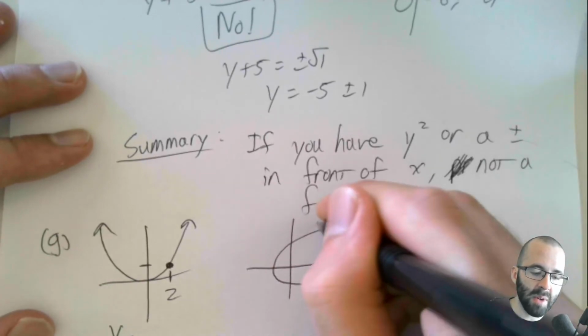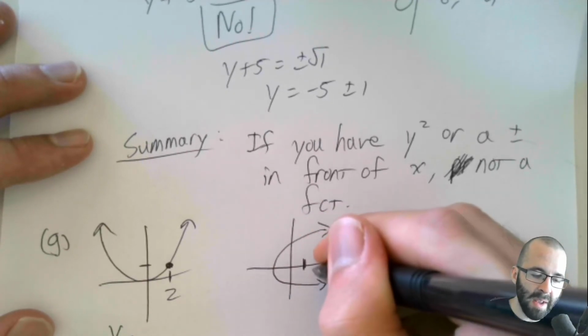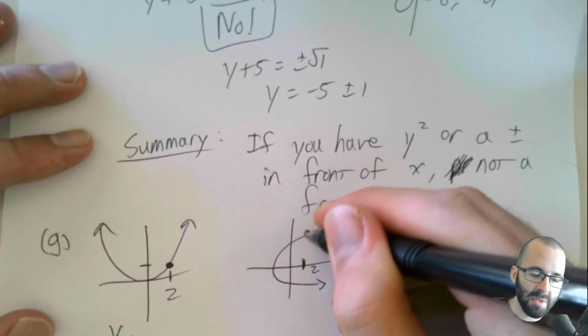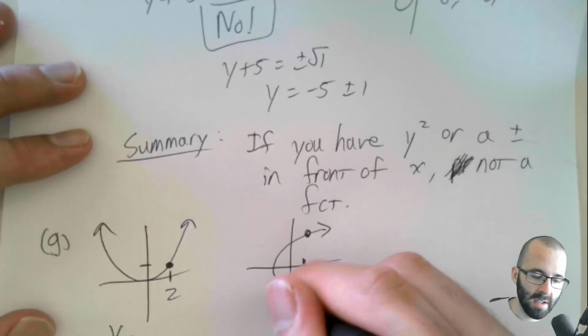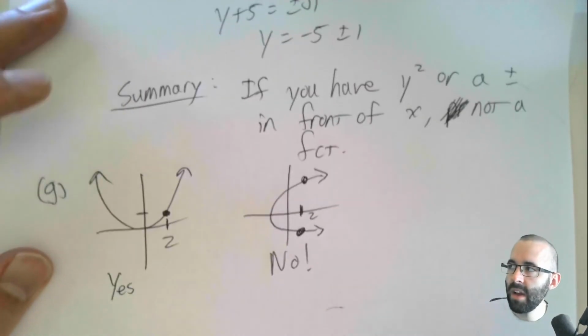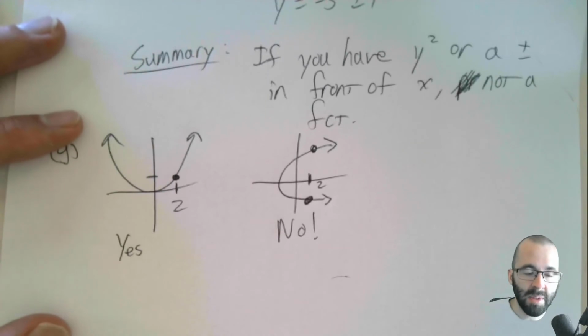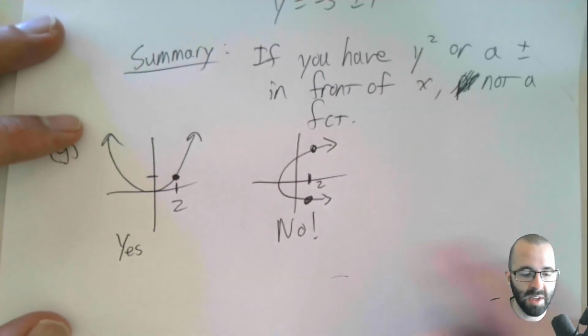Whereas what if I gave you a sideways parabola and gave you that same input? Well, now there's a problem. There are two y values that correspond to that input. It's no good. This one's no. If you are familiar with something called the vertical line test, this is a good time to use it.